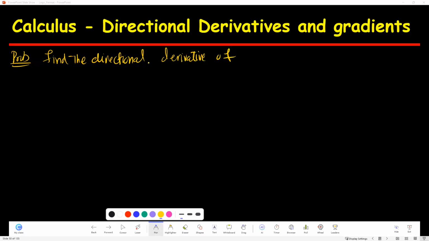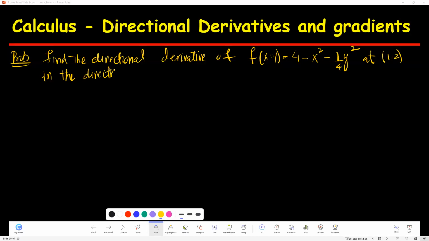Of this function, find the directional derivative of f(x,y) at the point (1, 2) in the direction of u.